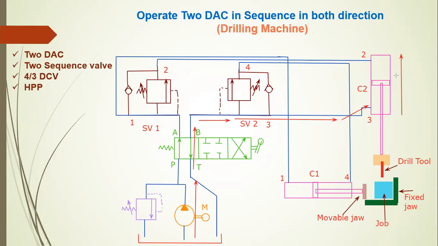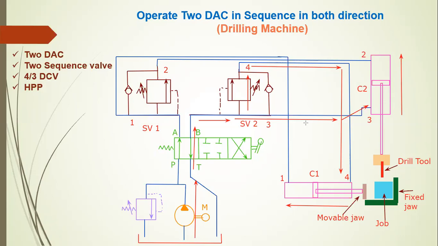After the completion of the process of cylinder C2 in the retract condition, the oil can flow from the sequence valve to the hydraulic pump motor set, and this oil passes to line 4. Line 4 is attached to cylinder first, and this cylinder C1 moves into its retract condition.